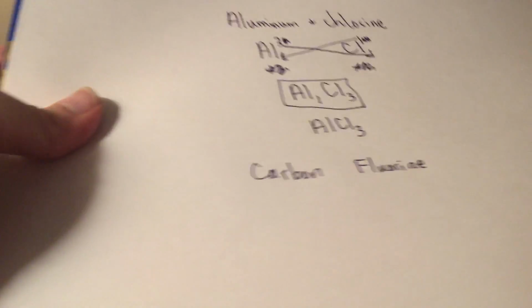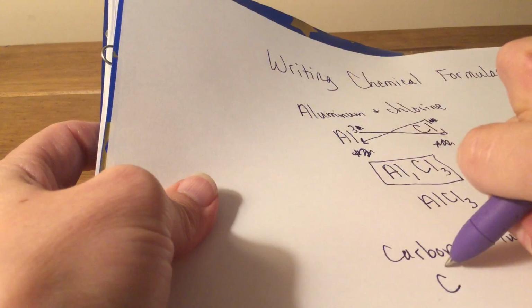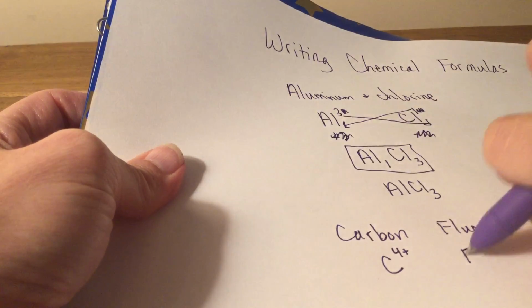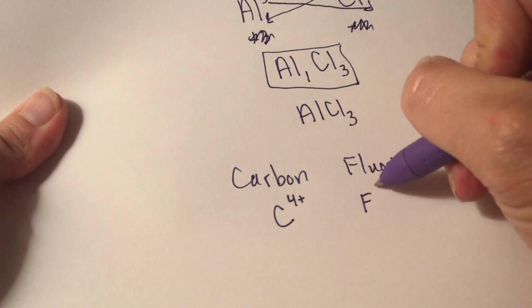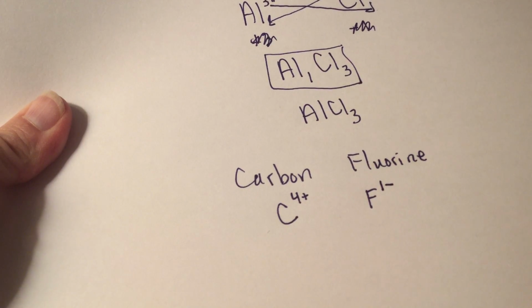Okay, so carbon on my periodic table is in group 4A, which means it's going to give away 4 electrons. And fluorine is in group 7A, it's a halogen, which means it only needs 1 more electron, so that means it'll take 1 electron. So I'm going to do that crisscross method.